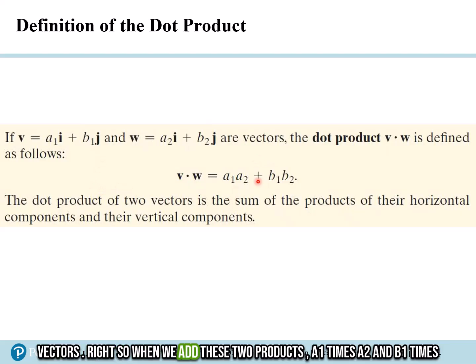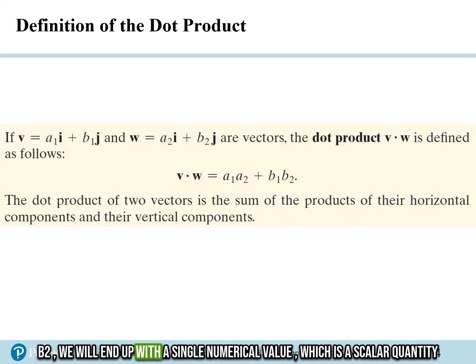When we add these two products, a1 times a2 and b1 times b2, we will end up with a single numerical value, which is a scalar quantity.